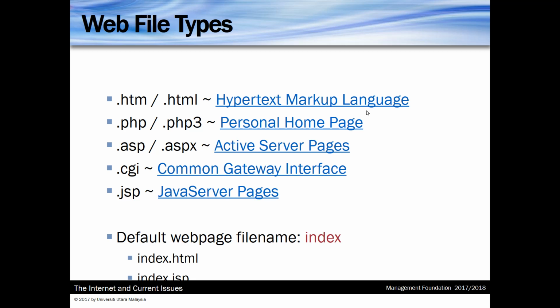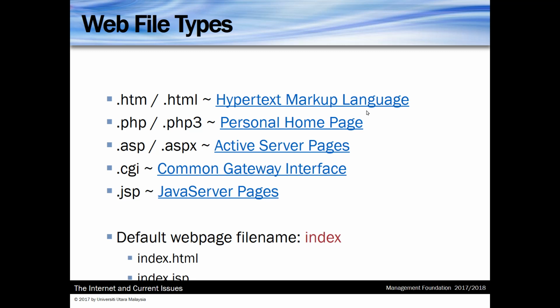The common web file extensions include HTML or HTM, PHP, ASP, CGI, JSP, or CSS. HTML stands for HyperText Markup Language, PHP for Personal Homepage, ASP Active Server Pages, CGI Common Gateway Interface, JSP Java Server Pages, and CSS Cascading Style Sheets.